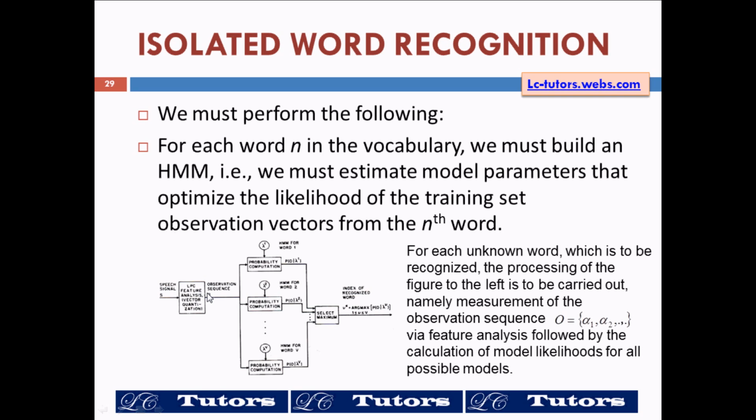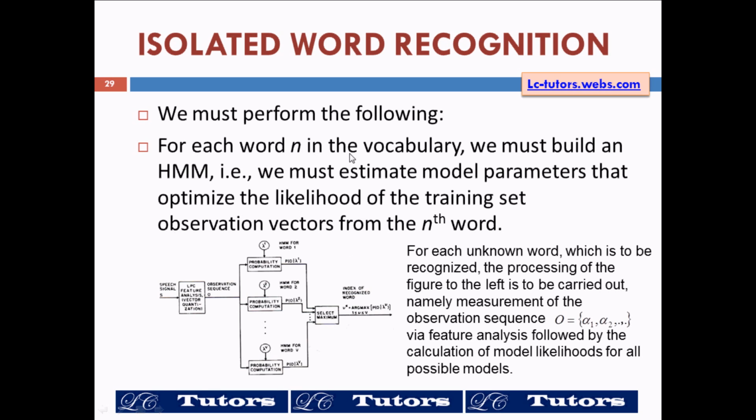If you utter 1, it goes through all these models and tries to calculate the probability value for each particular model and gives a value here. If the word is 1, then the model for 1 will give the highest probability, and from that you can select the word.